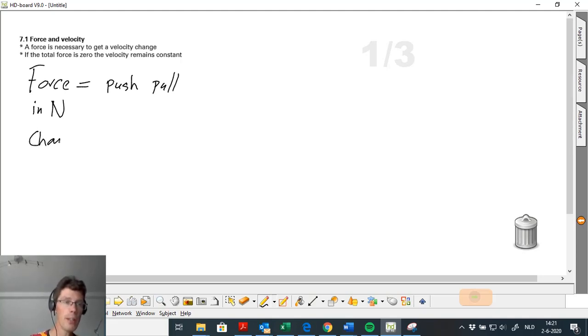Changing speed requires force, and if there's no force, then the speed is constant.